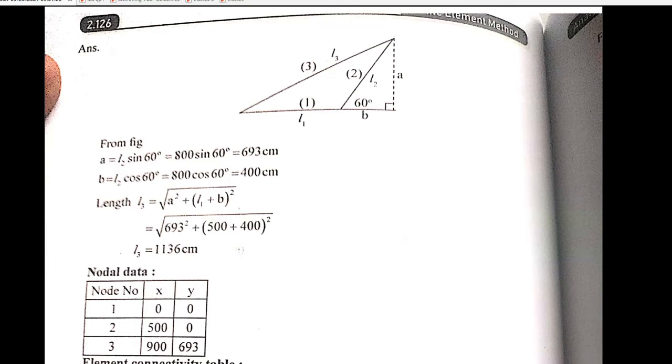Understood, all of you? How do we find L3? In order to find L3, we require A and B. For that, for this small triangle, we apply the trigonometric rule. That's all.